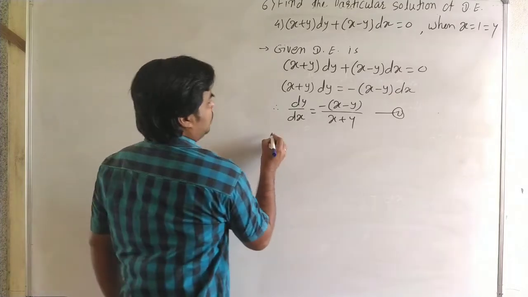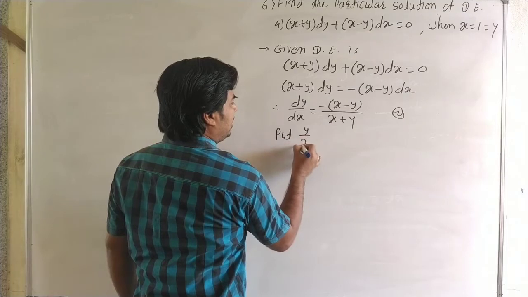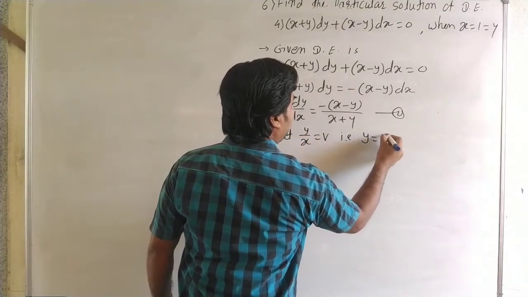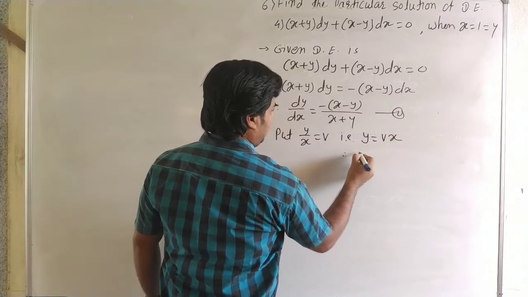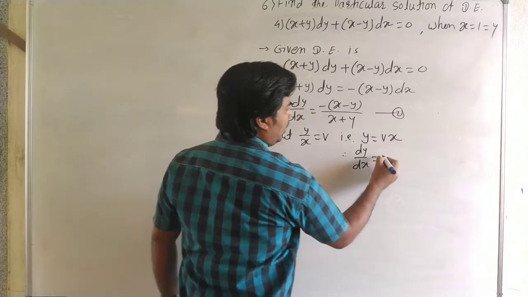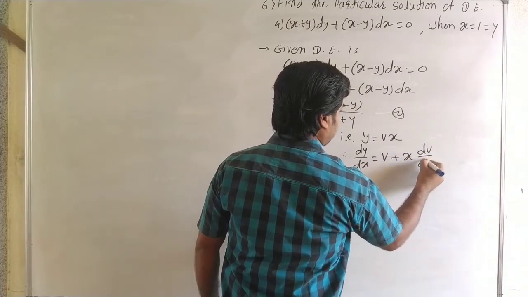Okay. Now put y by x is equal to v. That means y is equal to vx, and therefore dy by dx is equal to v plus x into dv by dx.